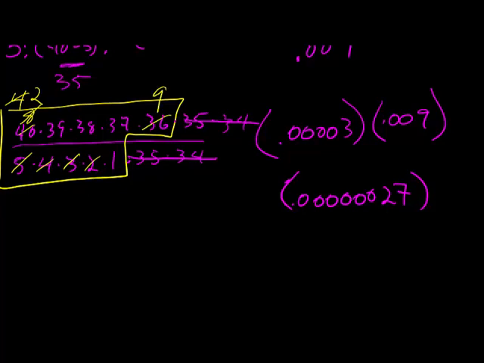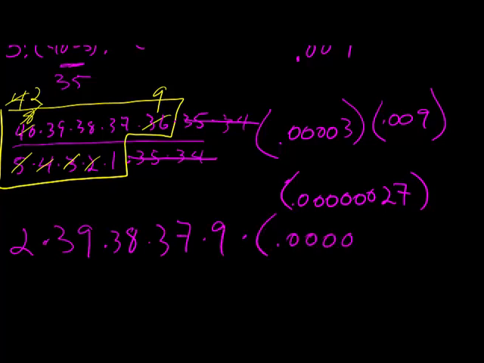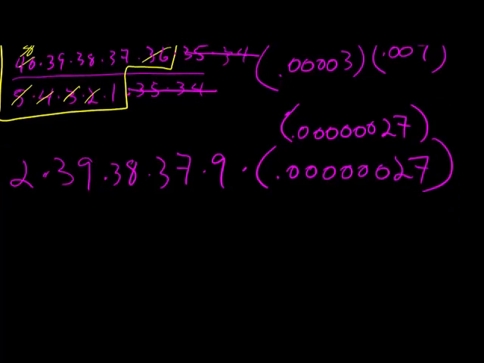So let's rewrite this. 2 times 39 times 38 times 37 times 9 times 0.0000027. All right.